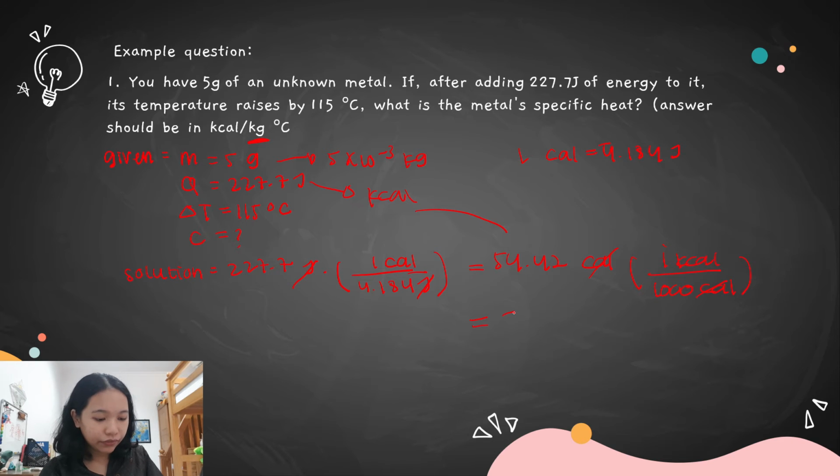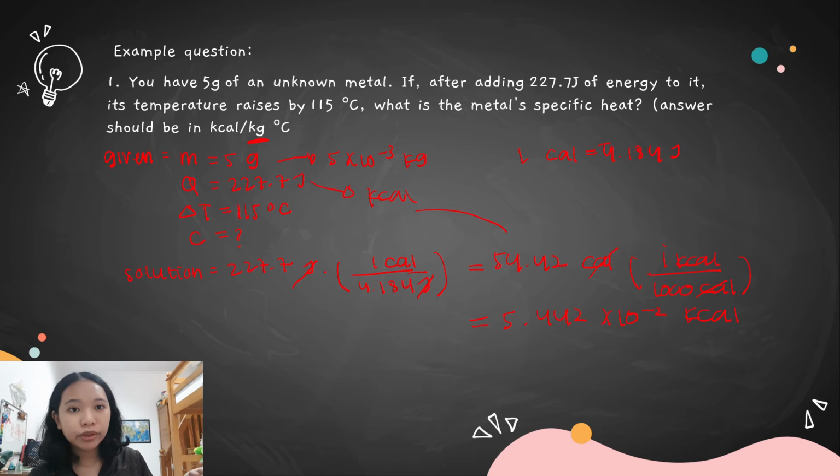So it's 5.442 times 10 raised to negative 2 kilocal. Okay, now that we have converted the unit, let's start putting the given into the formula.